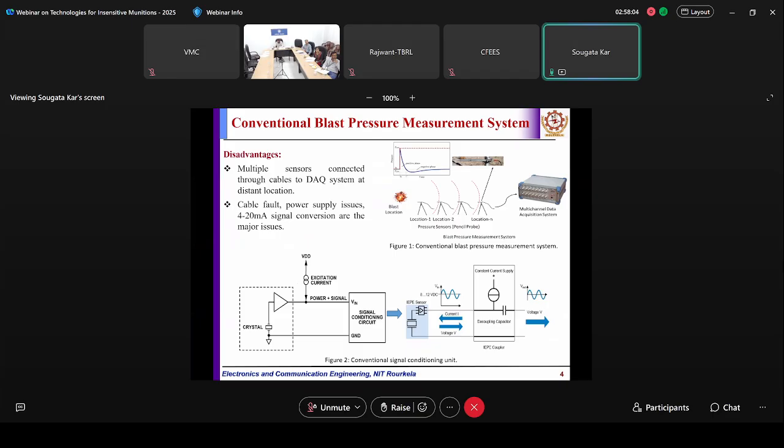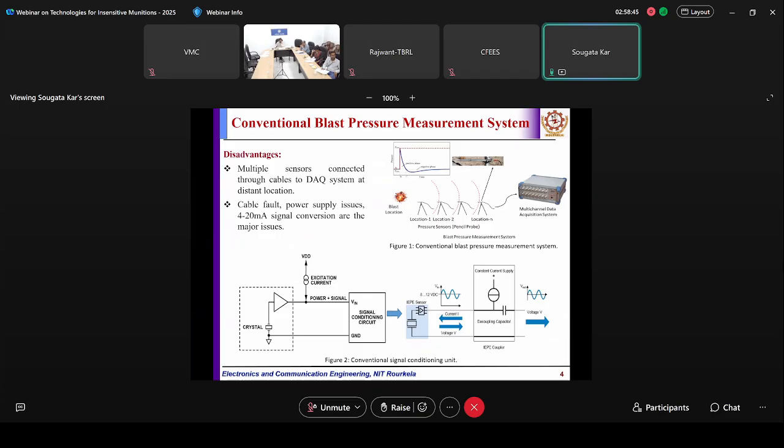Here, from the sensor itself, the voltage is converted and the signal is transmitted by the constant current supply. Then at the data acquisition system, the signal is again recovered by a decoupling capacitor. So we cannot transmit the voltage directly because of the large capacitance. The constant current transmission is preferred.